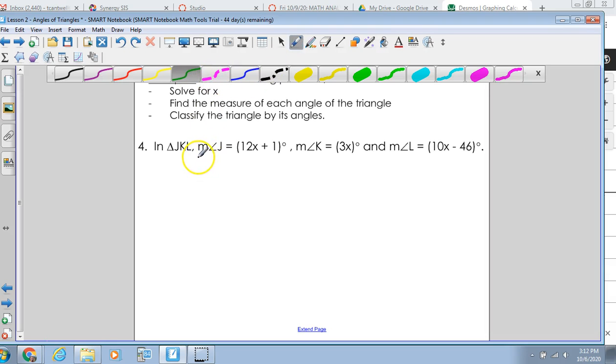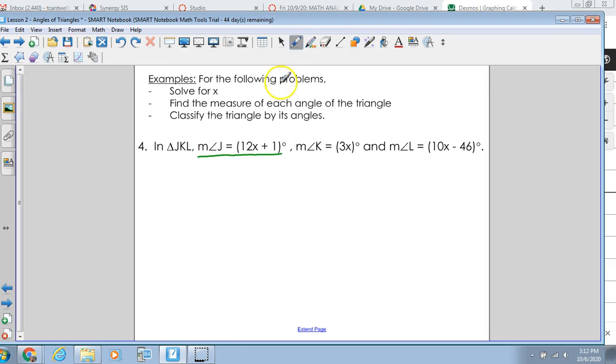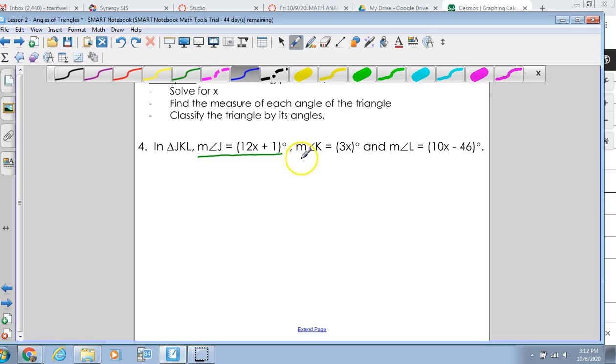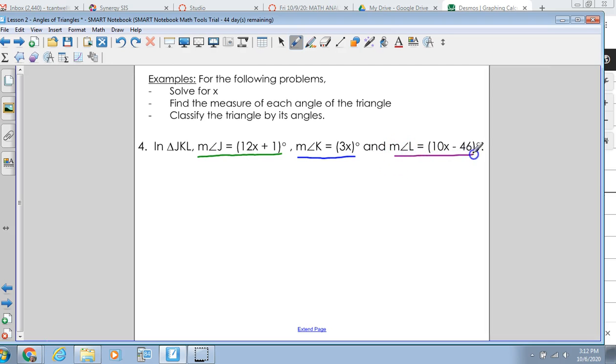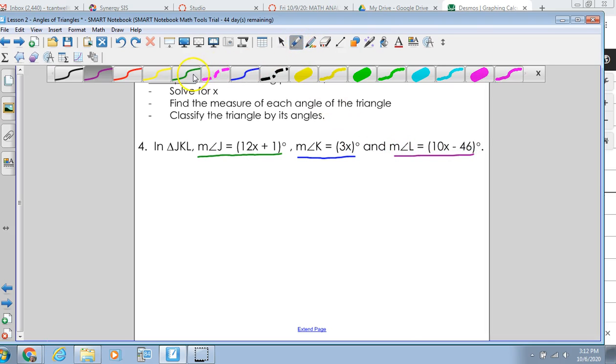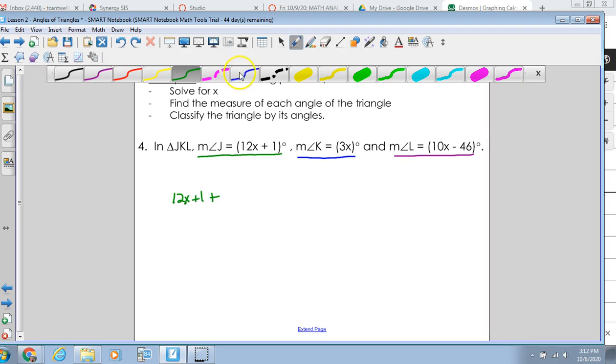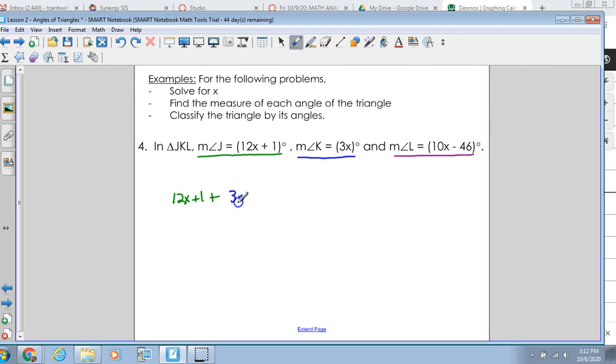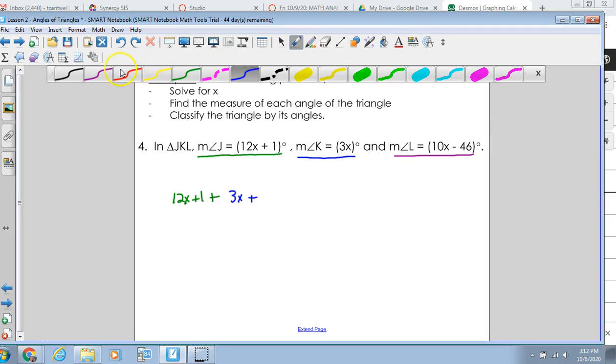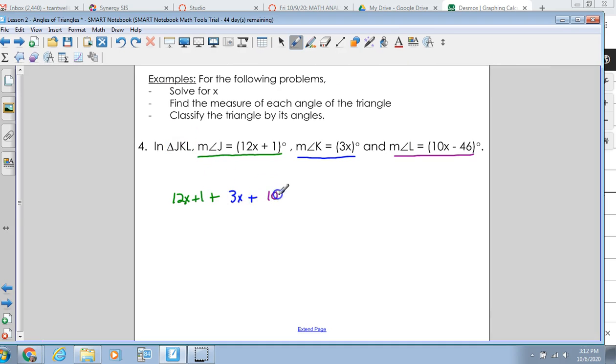But we've got angle J is 12x plus 1, and angle K is 3x, and angle L is 10x minus 46. All three of them together add up to be 180. So 12x plus 1 plus 3x plus 10x minus 46 equals 180.